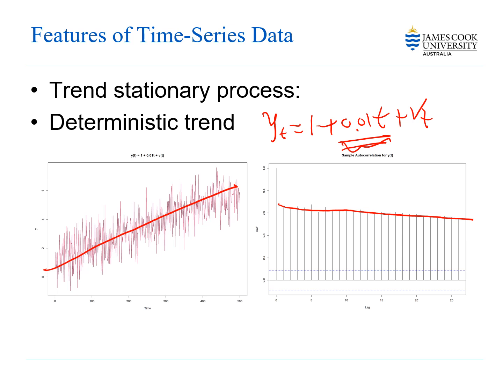But if we get rid of the time trend, meaning we regress yt against time and take the residuals, then we get a stationary process.